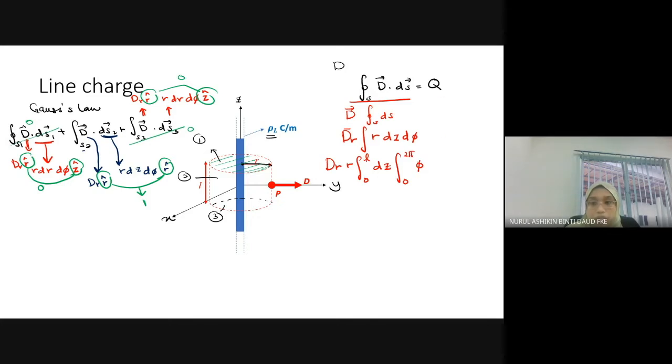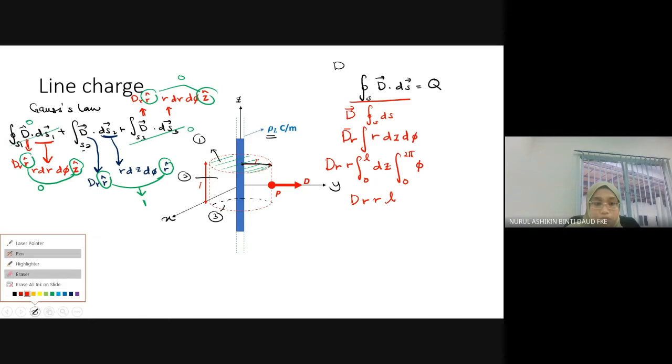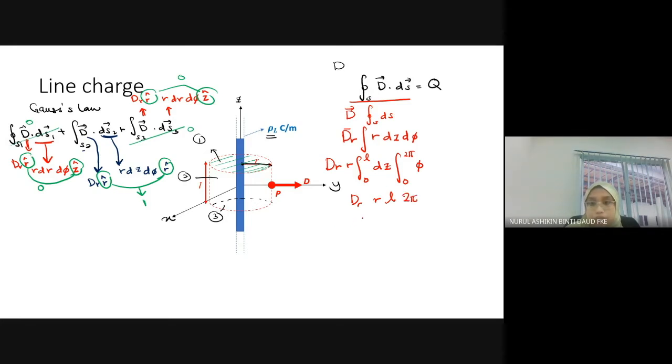So you get D_r times r times L times 2 pi. This is the result for the left hand side.